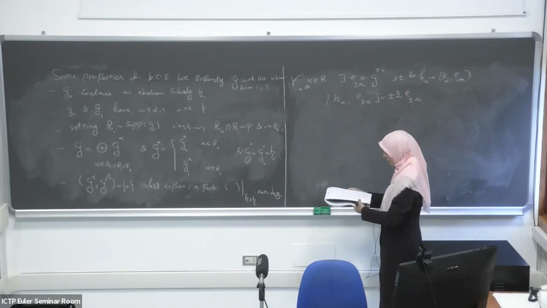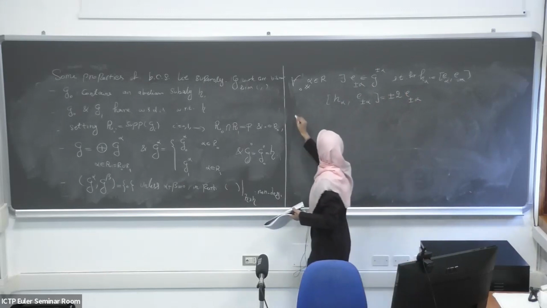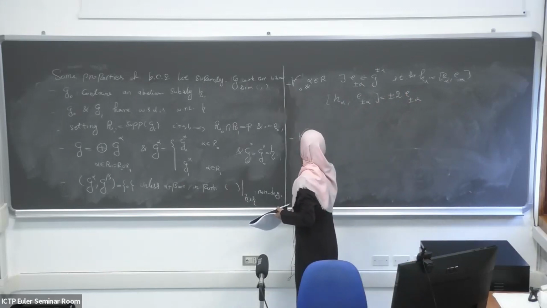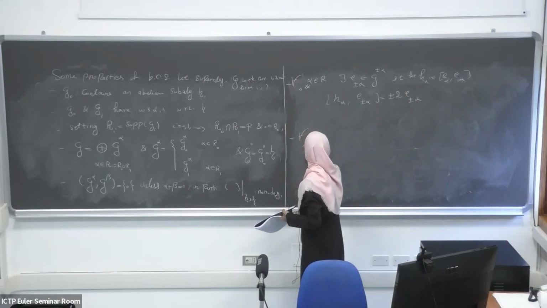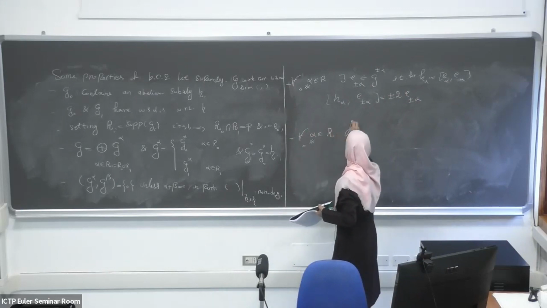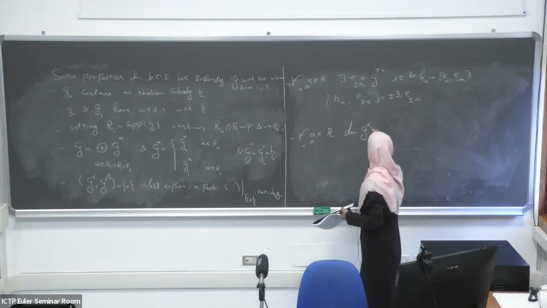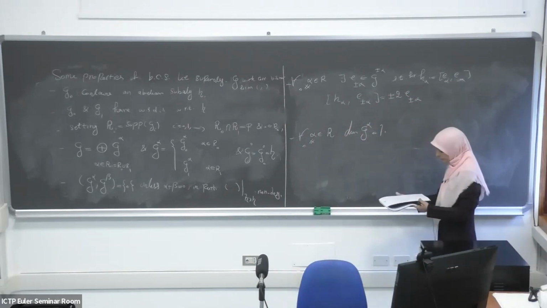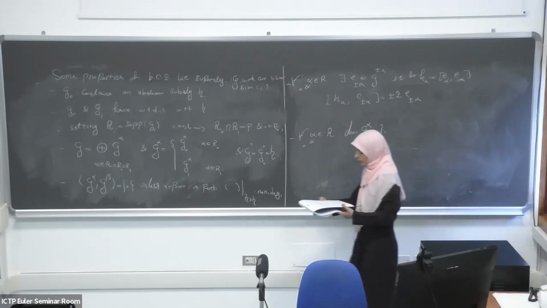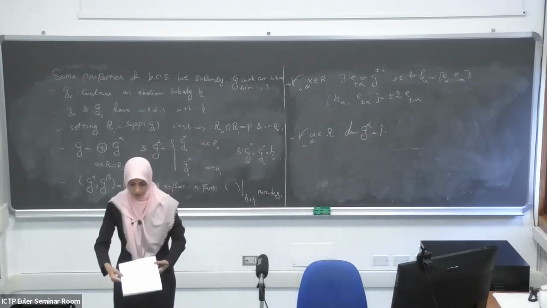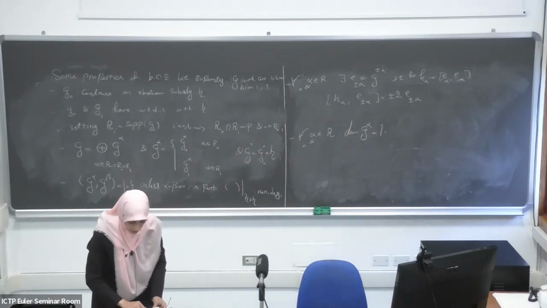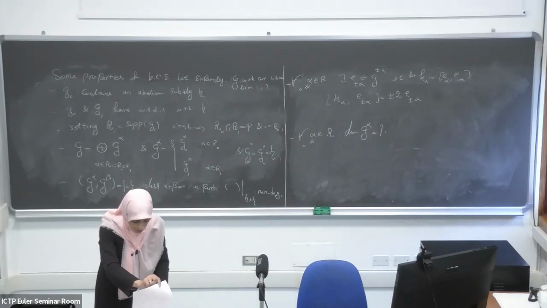It is another property and something else. For each alpha which is not equal to 0, the dimension of G alpha is 1. These are the common properties of basic classical superalgebras.